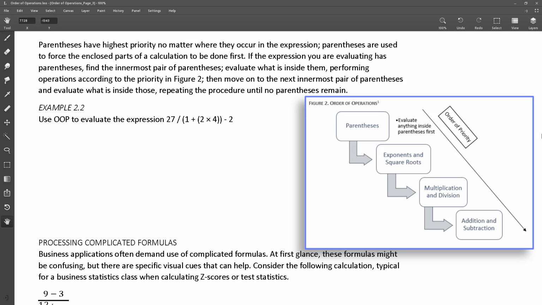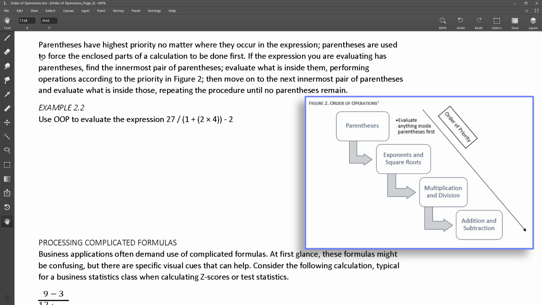So the way you handle them is if the expression you are evaluating has parentheses, find the innermost pair, evaluate what is inside those, and within the parentheses, you just perform operations according to the priority in figure 2. Then move on to the next innermost pair of parentheses and evaluate what is inside those. And you keep repeating that procedure until no parentheses remain.